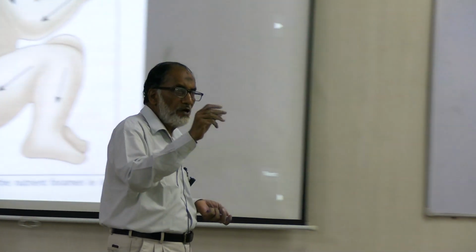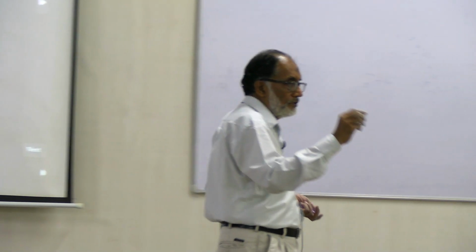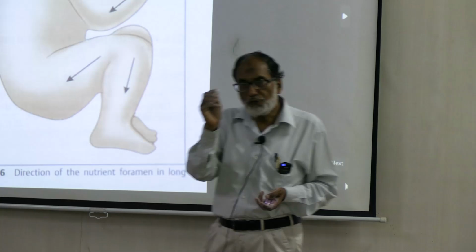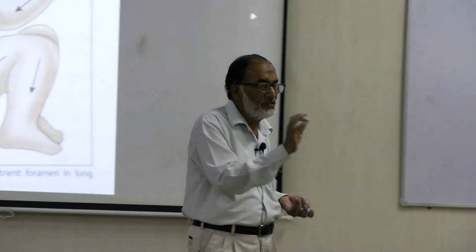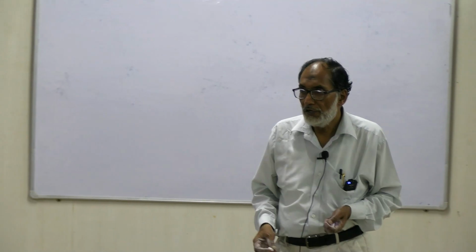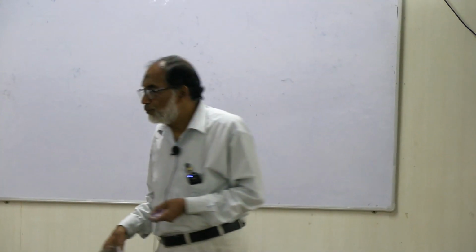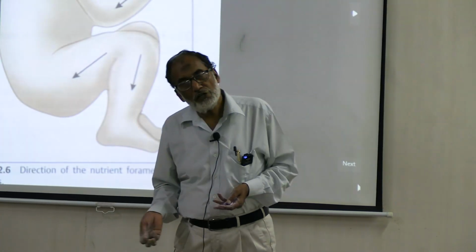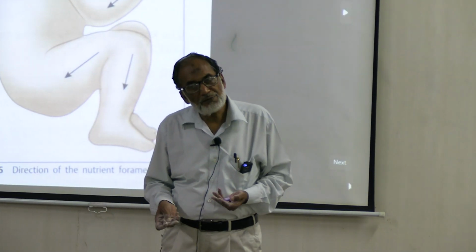Let's talk about some exceptions. A secondary center of ossification generally develops after birth. One important exception is the lower end of the femur and the upper end of the tibia. These two secondary centers of ossification actually develop before birth.